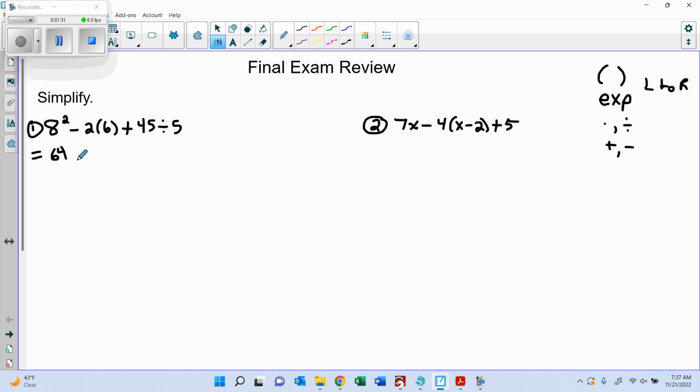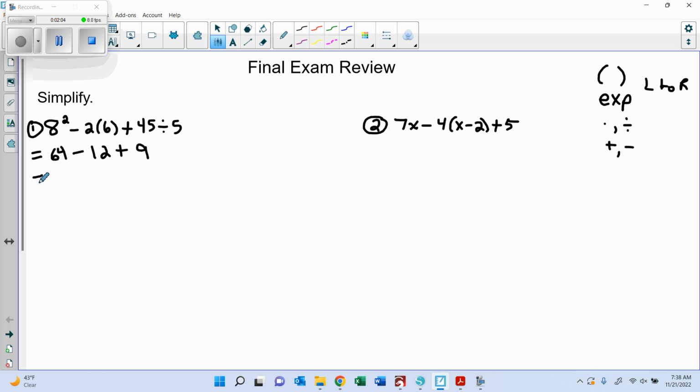And then we can do one thing at a time here, or if we remember, addition and subtraction are last, which means that I can do this stuff that's in between them next. Because multiplication and division are next, I'm going to do minus 12 plus, and then I'm going to do the 45 divided by 5, because the last thing I'll do is this addition and subtraction. 45 divided by 5 is 9.